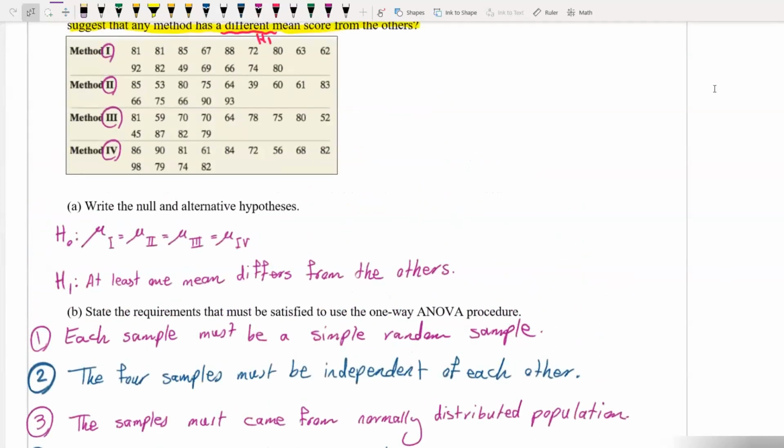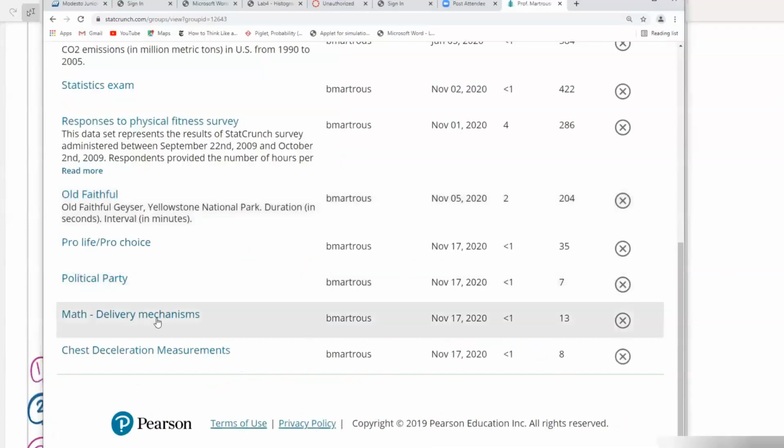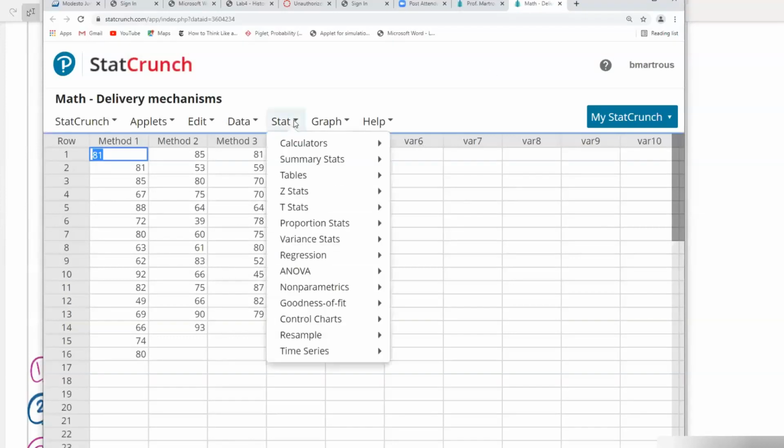So we have to insert all these numbers into the TI-83 to find the answer to use one-way Anova. Here is our data set for this example, math delivery mechanisms. You should be able to see these numbers.